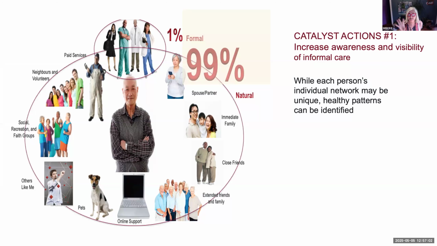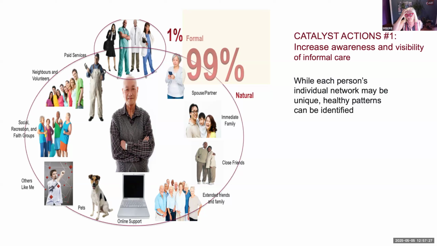So to get started, again, the seeds of transformation, that's the stage that we're working in now. So that idea of the Kickstarter efforts, to increase the awareness and visibility of what constitutes informal care around individuals. And then if we have enough data, to look at those patterns of care around some of those key target subgroups and harder to serve demographics.